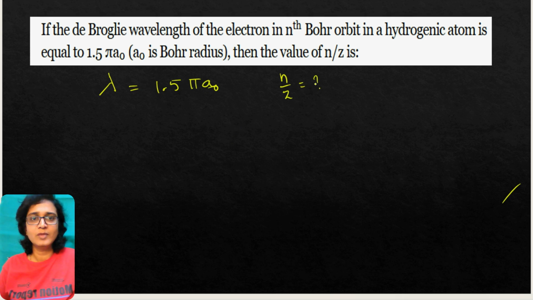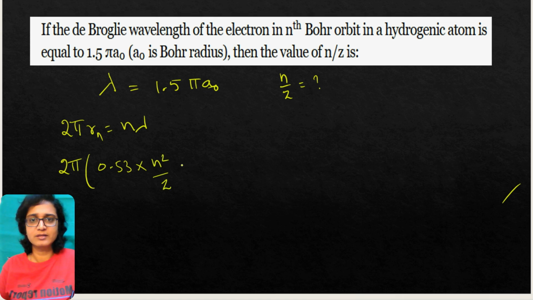Here they are connecting wavelength and radius. The relation will be 2 pi r equals n lambda. The nth Bohr orbit radius I am writing as 0.53 into n square by z angstrom units, and that equals n lambda.